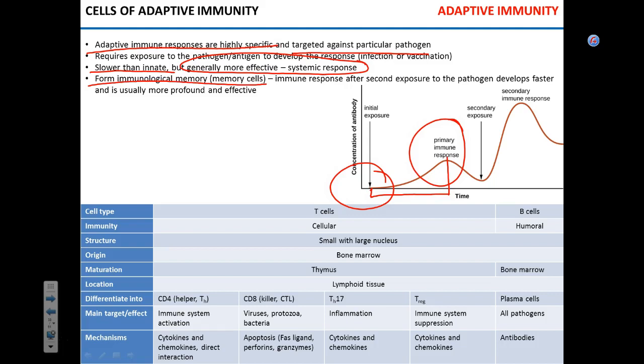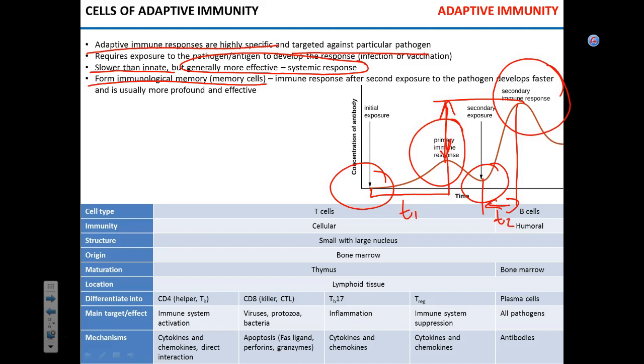Here on the graph you see that after the secondary exposure, the secondary adaptive immune response is much more robust and occurs much faster compared to the primary response.